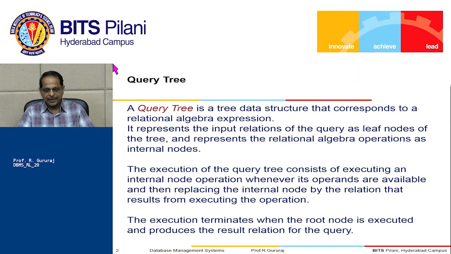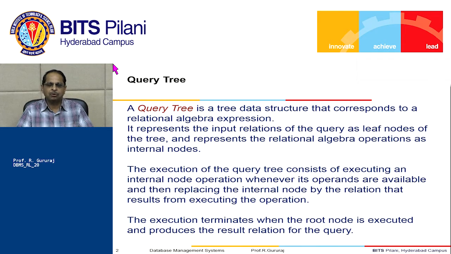The execution terminates when the root node is executed and produces the result, a relation for the query. We understand that for any SQL operation or relational algebraic expression, when we execute it, the result is also a relation. This is how the query tree works. That means the execution starts from the bottom, at the leaf level, where we have only the relations that are involved in the expression.